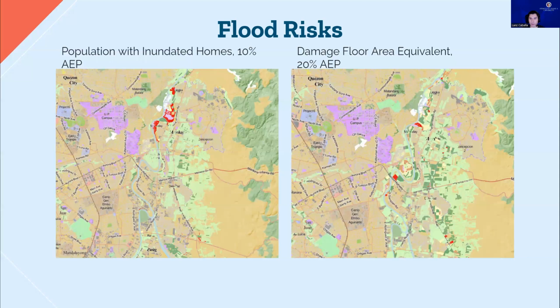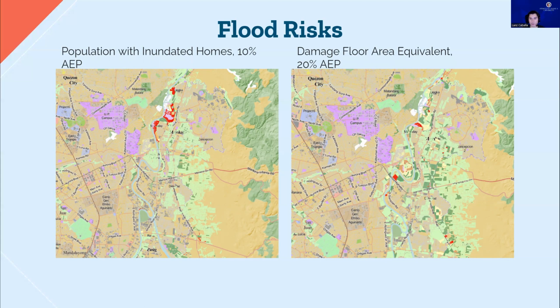The majority of the population with inundated homes, seen in red, with a 10% annual exceedance probability, or households that are below the riverbed and therefore experience a greater risk of flooding, is found in barangays Nangka, Tumana, Malanday, and Concepcion Uno. As for the damaged floor equivalent, with a 20% annual exceedance probability, the areas in red are seen in Barangka and Malanday.